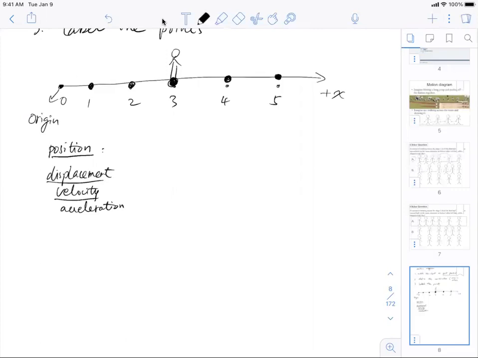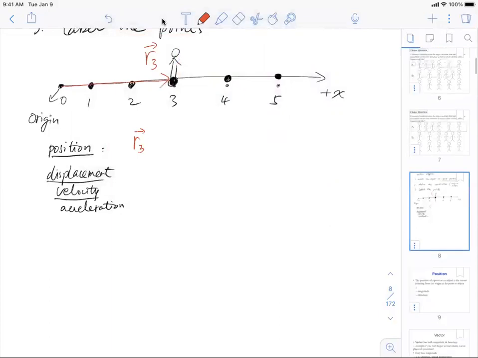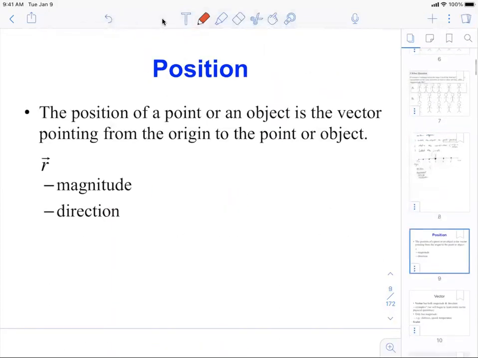So position simply is a vector pointing from the origin to the point of interest. So in this case, my position right here is a vector pointing from 0 to number 3. So this would just be my position. I use R to represent position. This is R at the location 3. So this is my position. Position is a vector.